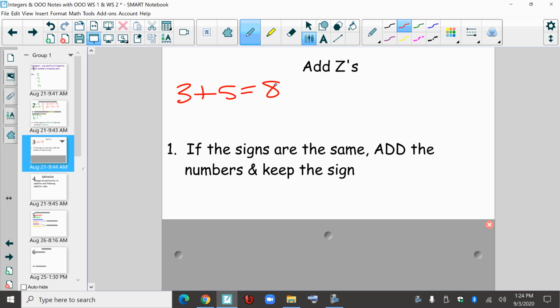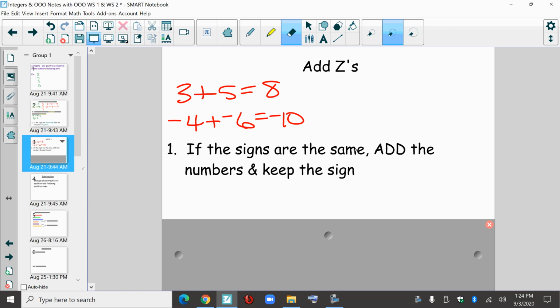If I owe you $4 and then owe my sister $6, how much total money do I owe? I keep the signs and add the numbers. So when the signs are the same, you are simply going to add them and keep the sign. Super important.